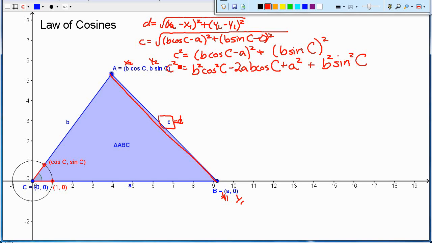I don't think this would be a friendly formula to work with, so let's see what I can do. The first thing I'm going to do is write a squared first.